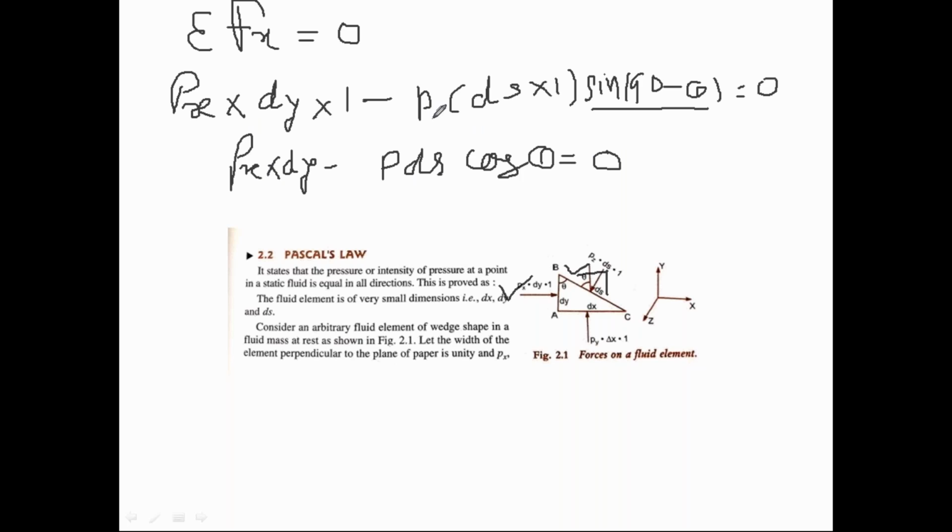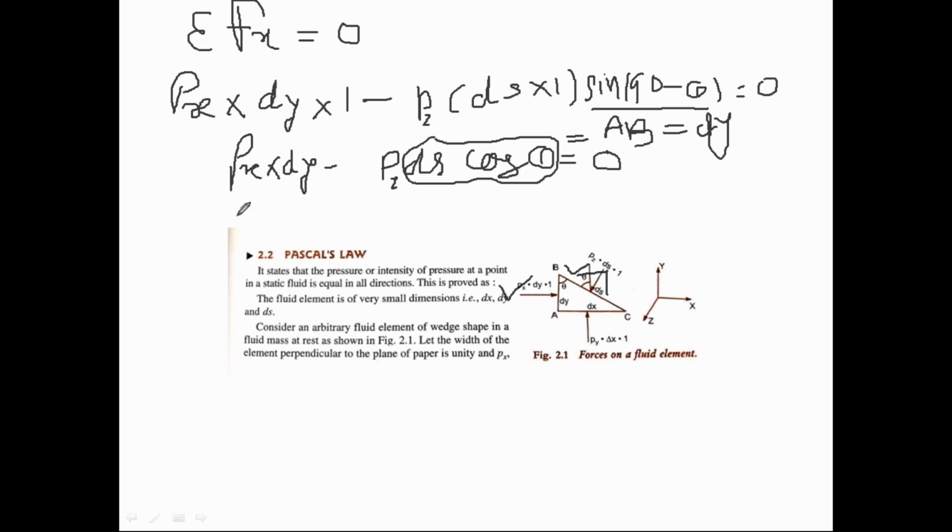Now this Px, this is what Pz. Now this ds cos theta is equal to AB, and that is equal to dy.